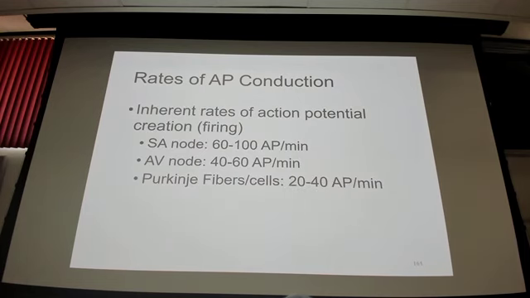And so you see that the lower end of the SA node is the upper end of the AV node, and the same with the AV node and the Purkinje fiber. Okay? So what does this mean? Why is this clinically relevant? If we have something that takes out the SA node, the heart just doesn't stop. It has another inherent pacemaker. It drops down. The AV node can perfuse the body for a while.